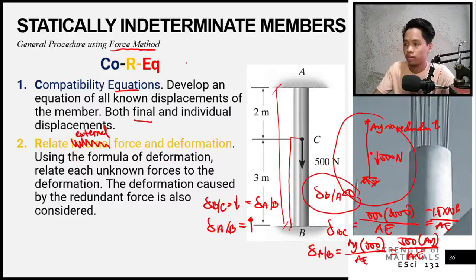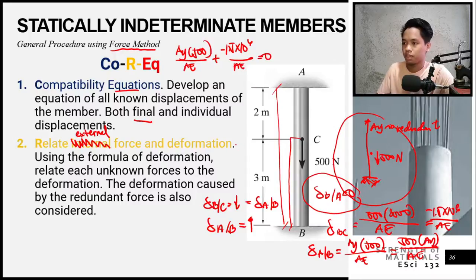So therefore we can use this: AY multiplied by 500 over AE, plus the negative 1.5 million, or 10 to the 6th, over AE, should be equal to 0.